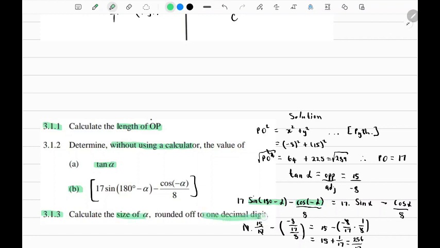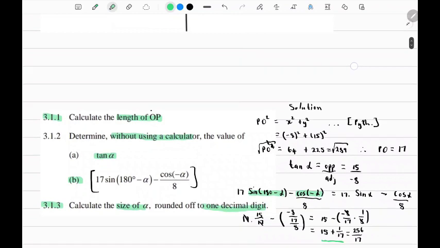And the final question says, calculate the size of alpha, round off to 1 decimal digit. So in other words, round off to 1 decimal place. So let's have a look. We need to find the angle. So we can make use of the trig ratios. Particularly, we found tan alpha earlier on to be 15 over negative 8.